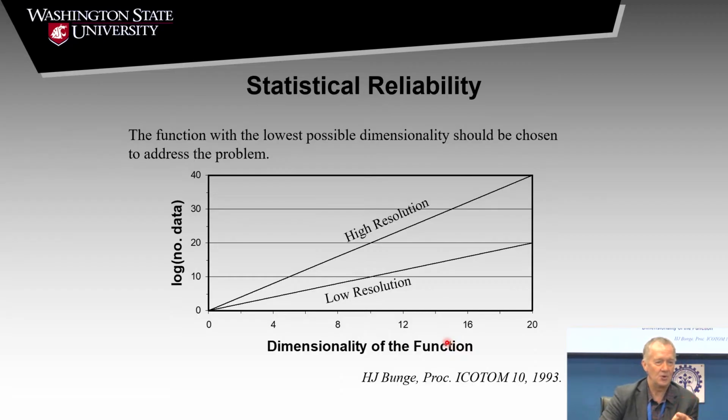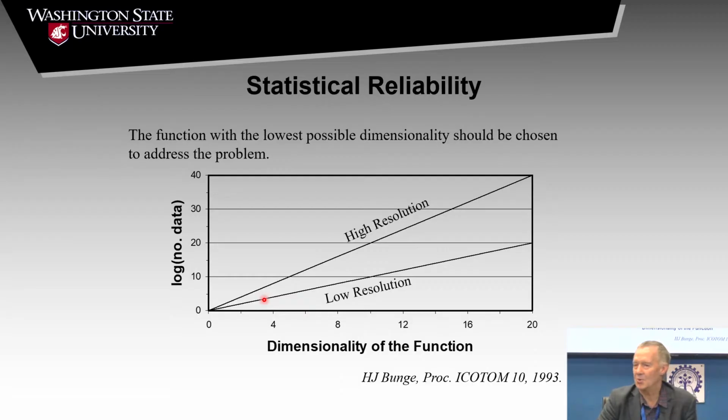You have your 3 Euler angles, for example, or 3 Rodrigues vector components, or 2 angles, polar and azimuthal, and a rotation angle, right? Any of those 3 parameters. Then for reasonably low statistical resolution, you would need 10 to the third. So this is the log of the number of data. For 3 dimensions, you would need 10 to the third measurements to have any statistical reliability.